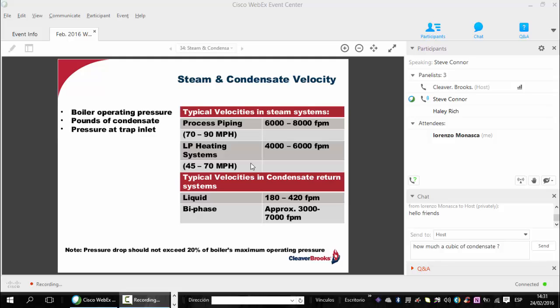Then we have to know the pressure at the respective trap's inlet. We have to know the resultant pressure in the condensate line. Remember, we've got all these lines dumping into one common. Then we have to consider the condensate pipe diameter. And finally, the allowable pressure drop. That's the allowable pressure drop through that condensate return system, which, as noted, should not exceed 20% of the boiler's maximum operating pressure. Remember, this boiler is providing the motive force.